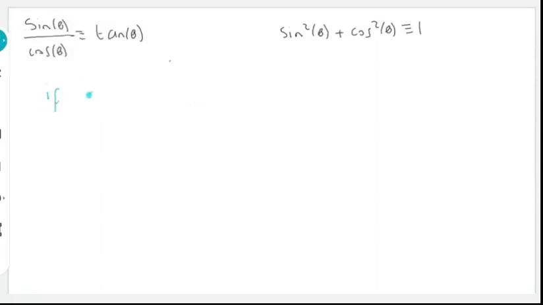If sine theta is equal to x, then what is cos of theta in terms of x? And what is tan of theta in terms of x? And the clue there is using those identities.